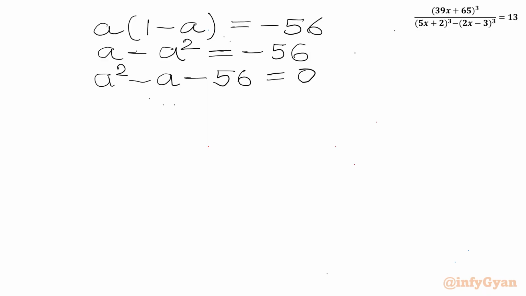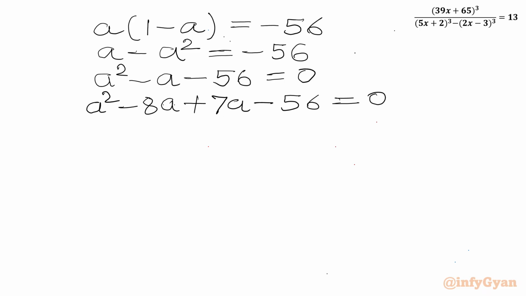Now we can factorize this quadratic equation. So I can write A square, minus A can be written as minus 8A plus 7A, as the product of minus 8A and 7A is minus 56A square, equal to 0. Now we can take A common from first two terms.